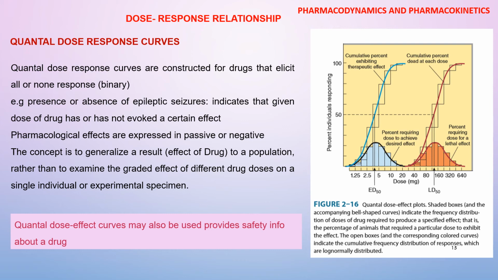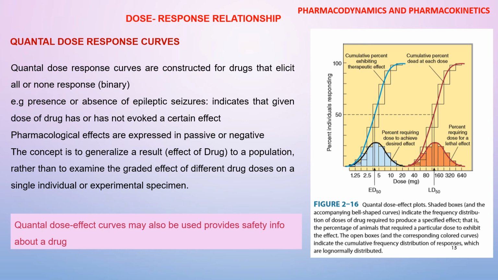Example, a particular drug when administered either stops the epileptic seizures or does not. There are only two possibilities. The quantal dose response curve is plotted for a population rather than for an individual administered with different doses of a particular drug.